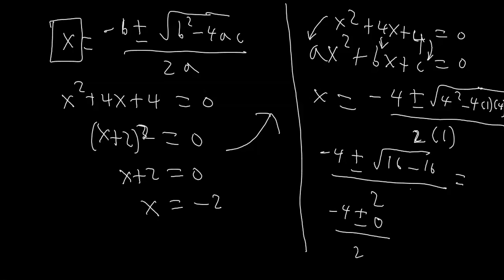Now, since negative 4 minus 0 and negative 4 plus 0 are the same value, negative 4, we can just rewrite this as negative 4 over 2, and we get negative 2. So x is just equal to negative 2. And we get the same value on each side, which means that the quadratic formula and factoring both work.